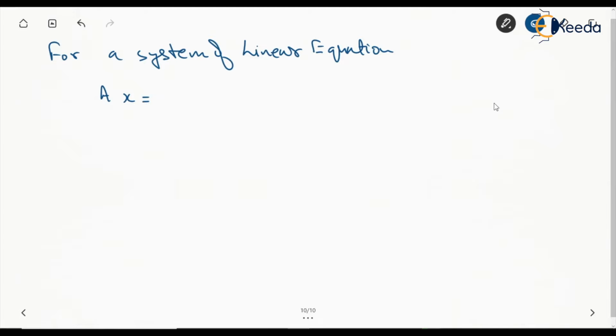So let's see how we are actually going to get the solution for this. So far we know that for a system of linear equations, we had Ax is equal to B, right? This is what we know. Now if A is written as L into U, this becomes LUx equal to B. What if we write U into X is equal to Y?